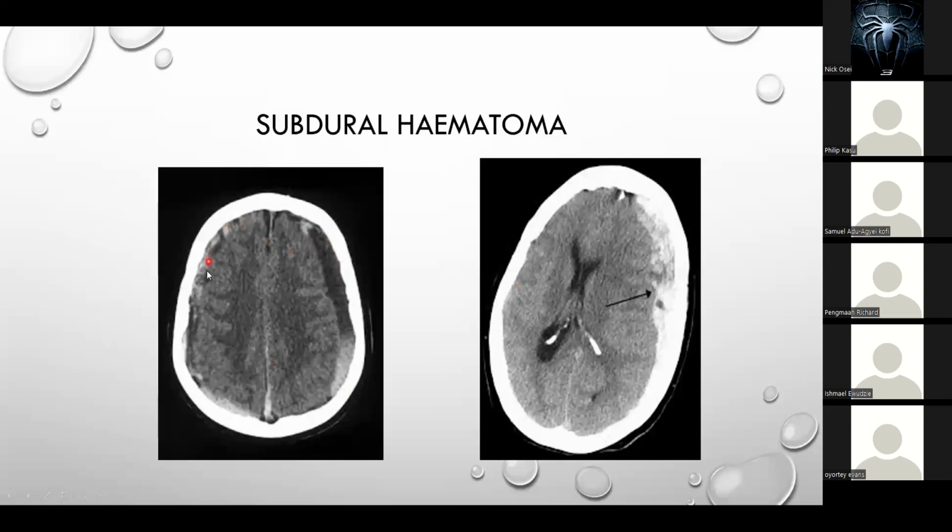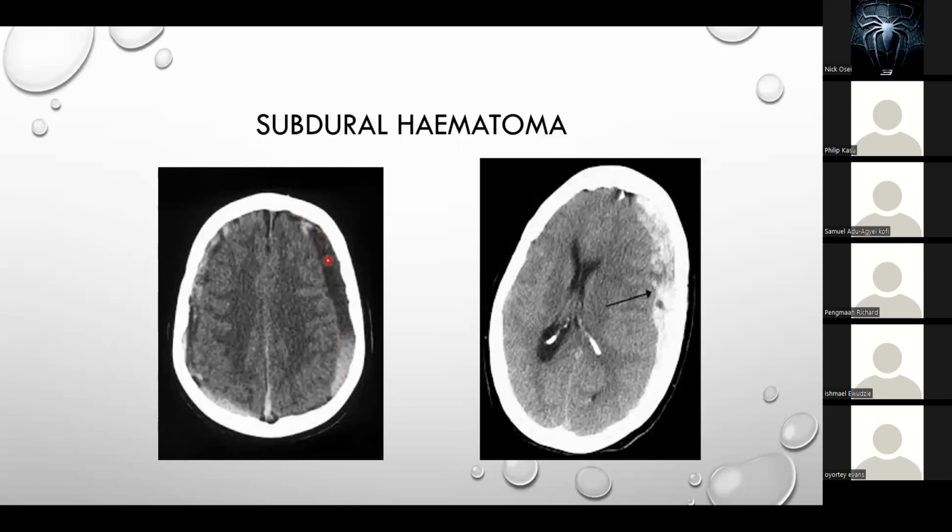If you look at the left side here, that doesn't seem to be much of a problem, but when you look here, I don't know if you can all appreciate what we are seeing. If you look here, there's a dark demarcation and there's a white demarcation. This is how subdural hematoma will show on a CT scan. It follows the curvature of the skull.